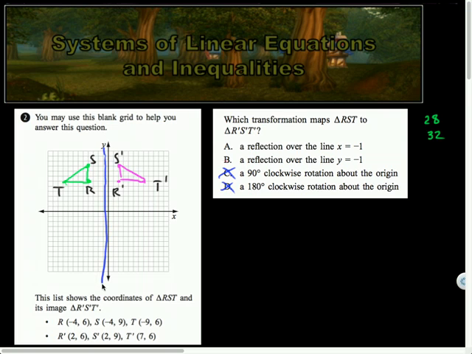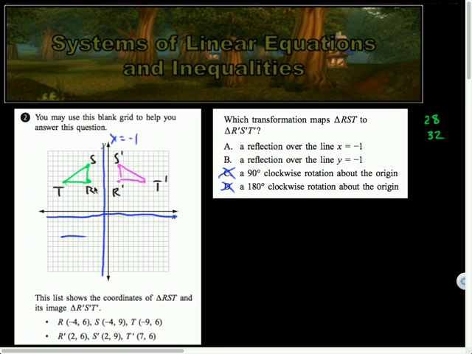So here's the line, well, my impersonation of a line, x equals -1. So x equals a number represents a vertical line, y equals a number represents a horizontal line. So y equals -1 would have been this line, and it would have mapped our image down here.